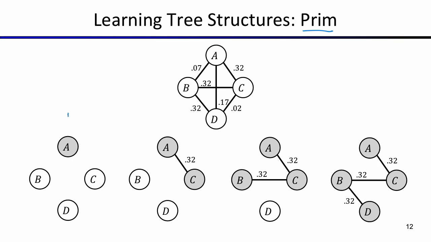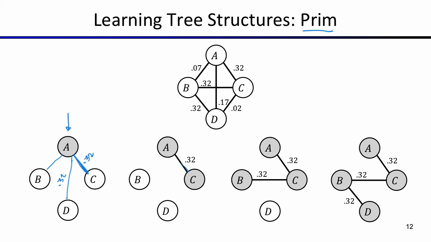In this case, we're starting with the node A. We look at all possible connections between A and the other nodes, and we select the edge that has the highest weight. It is a very simple adaptation, because originally the Prim algorithm would select the edge that has the smallest weight. The edge that has the largest weight here is either this guy or this guy. I decided to select this one.